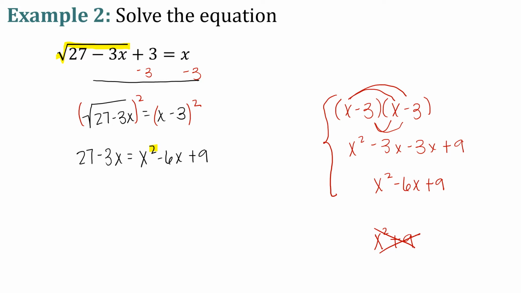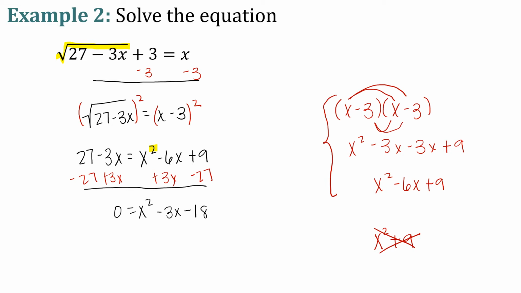So that means that we need to set this equal to 0. So I can subtract 27 from both sides, and I can add 3x to both sides. So now we have 0 equals x squared minus 3x minus 18.